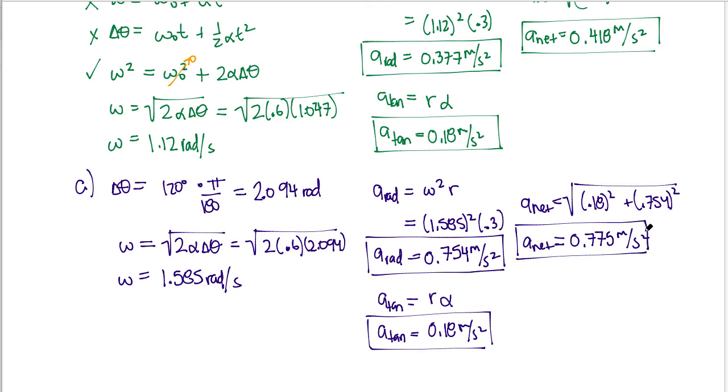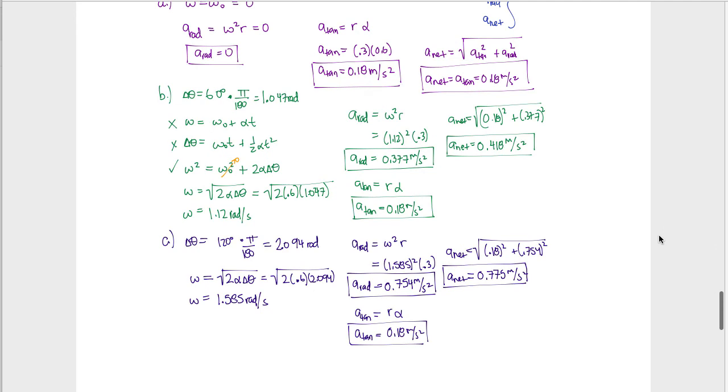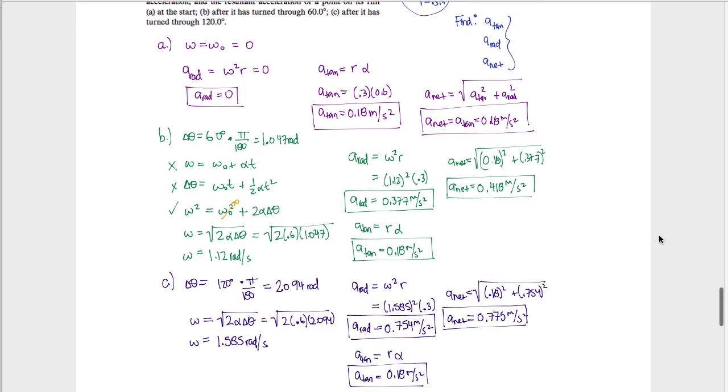So the purpose of this question is to really drive home the difference between radial acceleration, tangential acceleration, and that net acceleration for an object. So in case you've missed the actual conceptual side of it, we see that the tangential acceleration is constant for a constant angular acceleration. And then we see that the radial acceleration changes over time with the changing angular speed or velocity.